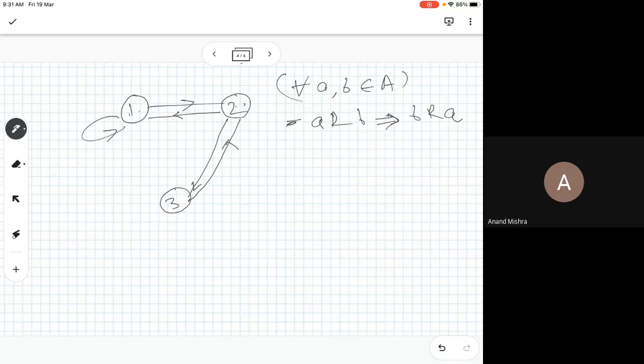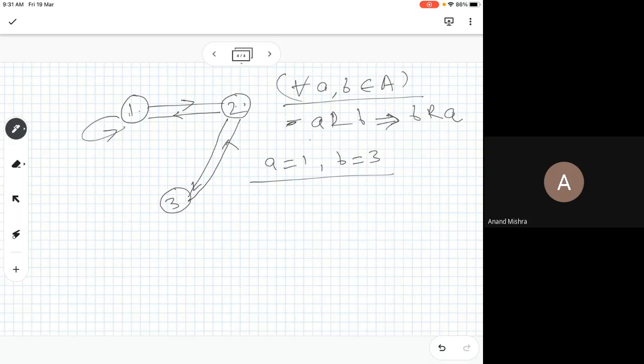Then we do not have to check anything, because for 1 and 3, if I take A equal to 1 and B equal to 3, I need to check this also because this has to be true for all A, B. Now let me check A equal to 1 and B equal to 3.